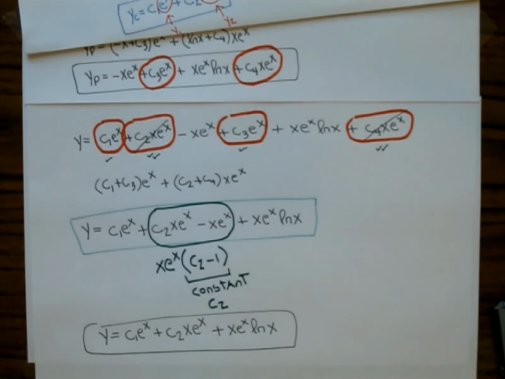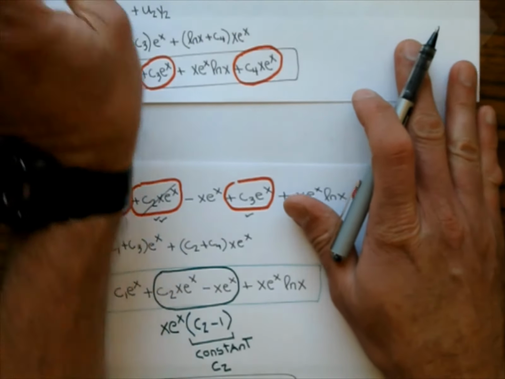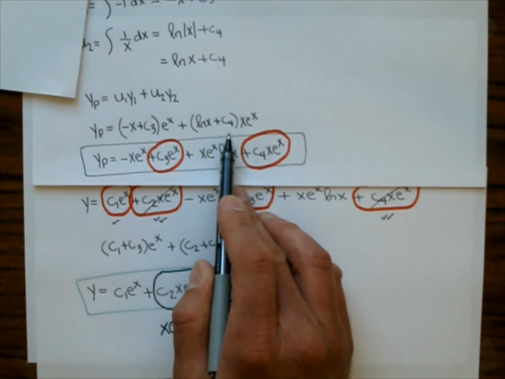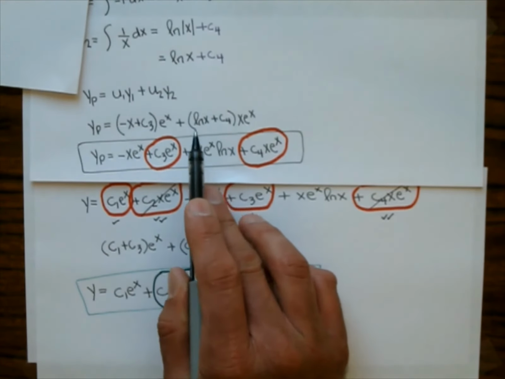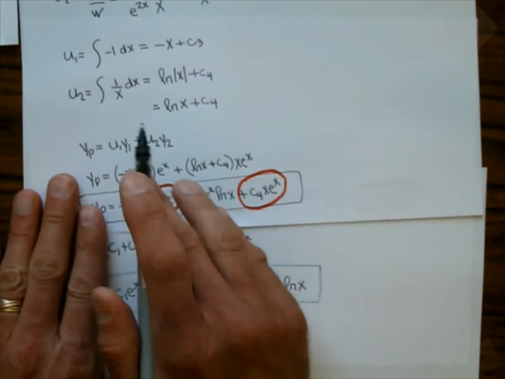So that is how you do these variation of parameters problems. We kind of slowed down on this one. Where did we slow down? We slowed down when we put the c3 and c4 there. So how about next time, when I'm doing this integration to get u1 and u2, I am not going to put a c3 or c4.